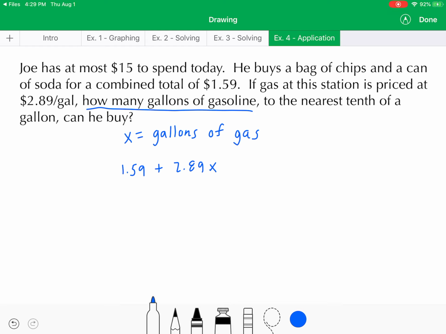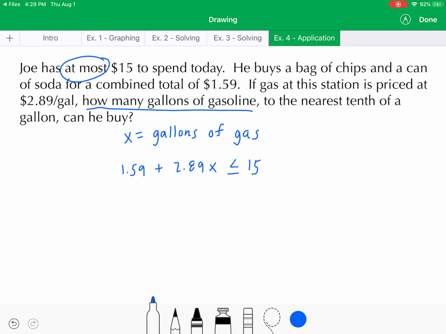And all together, that needs to add up to at most $15. Okay, so there's an inequality symbol that can be used here. It would be great if he didn't spend all $15. He could spend less than it, but he doesn't want to spend more than it, right? So that means the inequality implied here by at most is less than or equal to 15.